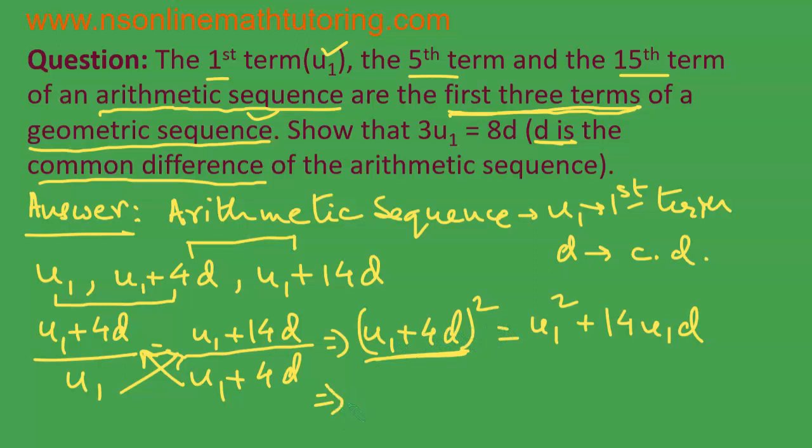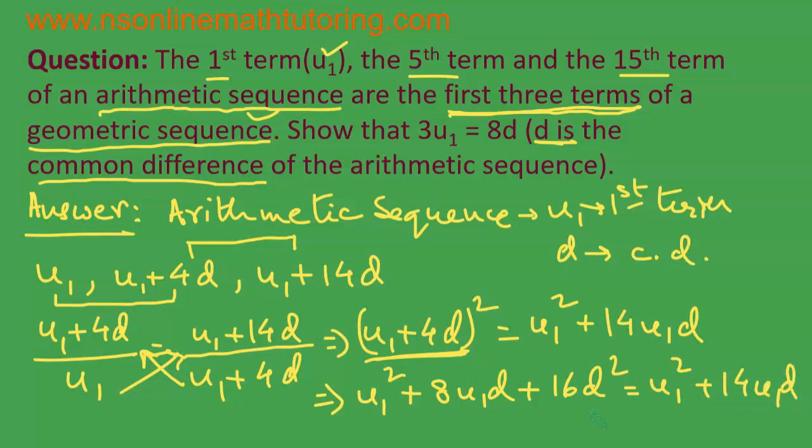But I am using the algebraic identity. It is u1 square plus 2 times 4, that is 8u1d, plus 4 square is 16, 16d square is equal to u1 square plus 14u1d. Okay. So, I am having u1 square on both the sides, so I can safely cancel those two.